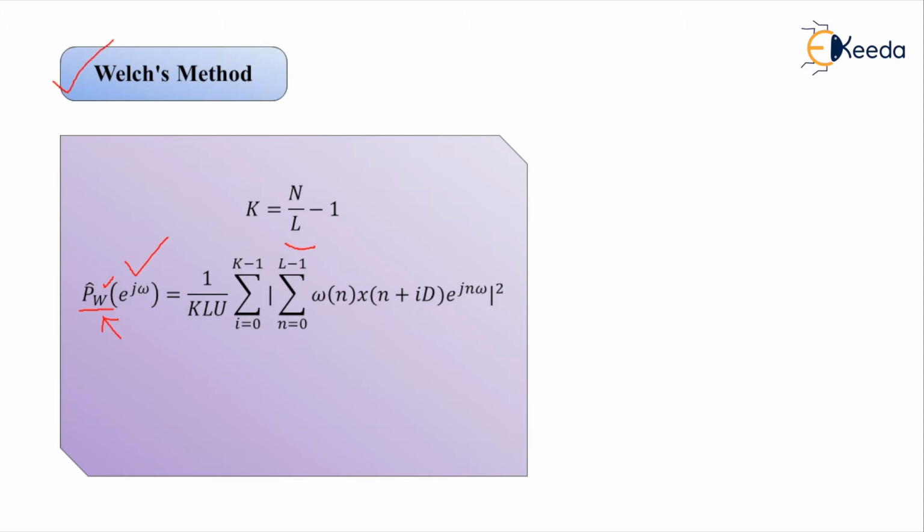Now, in terms of the discrete time random process x of n, we have the computation of this power spectral density estimation.